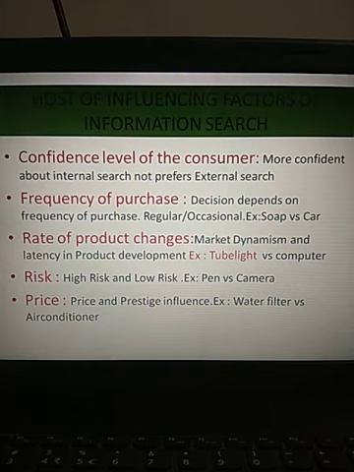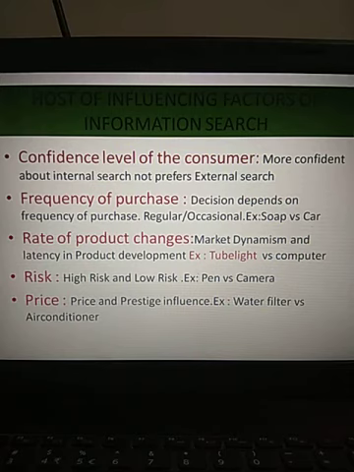Rate of product changes. The above two are based upon the consumer. The third one is absolutely based upon the company. If the company is not that dynamic and never shows interest in competing with competitors by rolling out new model cars and new products with new features, then the decision making of the consumer is going to be less affected.